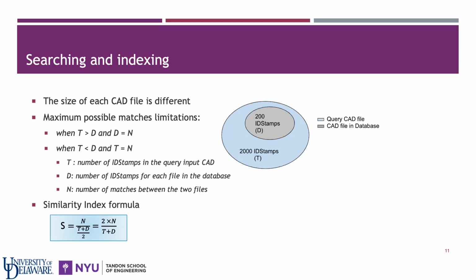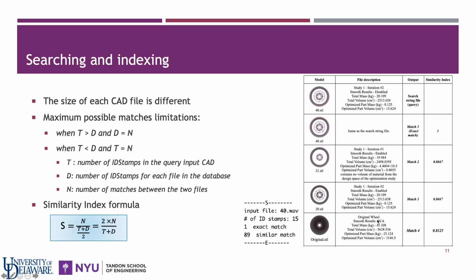The range of the similarity index is from 0 to 1, where 1 represents an exact match and 0 represents no match. Here is an example output on the right side. The system ranks all the files based on the similarity index and outputs them.